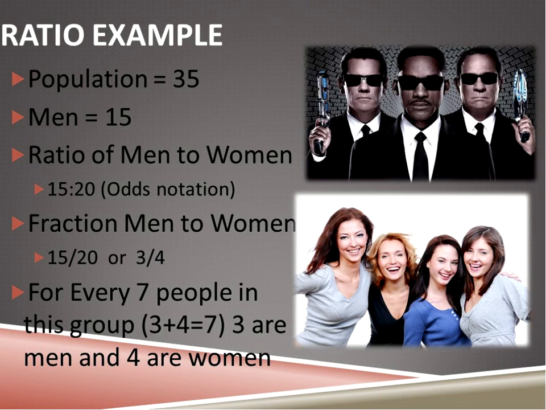So here's another example, and it is really quite difficult to teach math-related subjects and not be live in front of you with a whiteboard on a screen, but I'll do my very best. So if we had a population of 35 people and 15 of them were men, we would know that 35 minus 15 is 20.